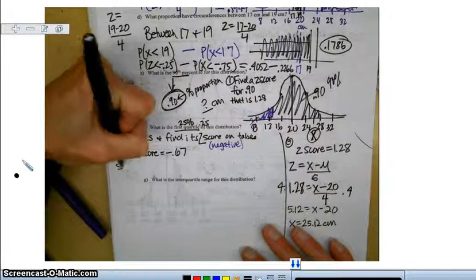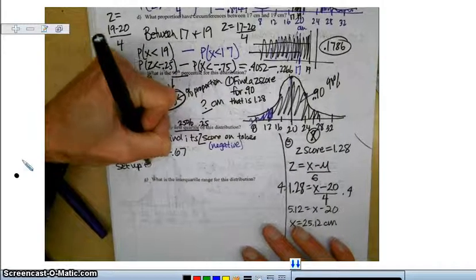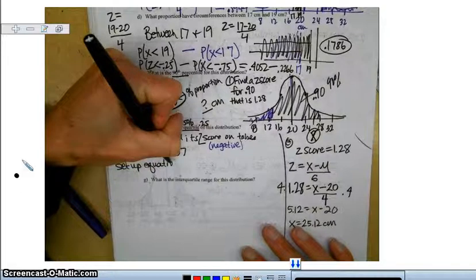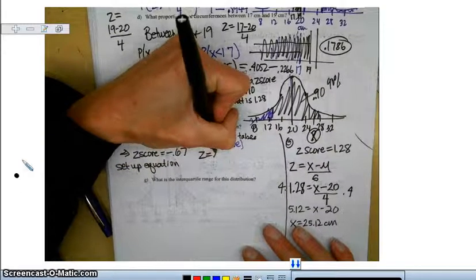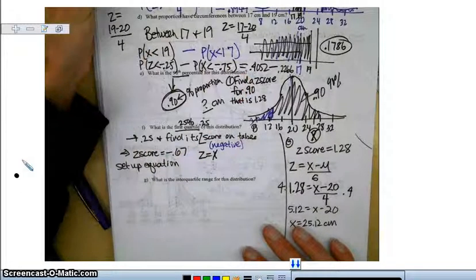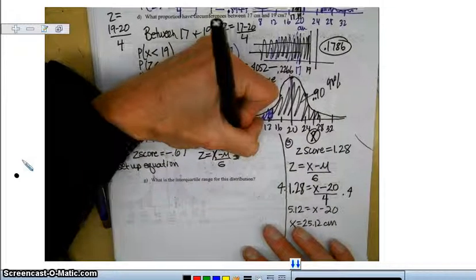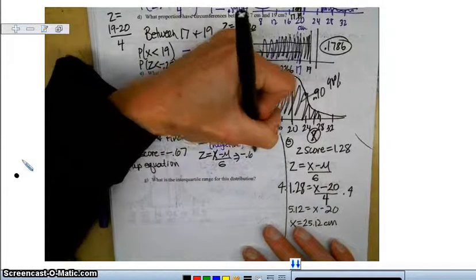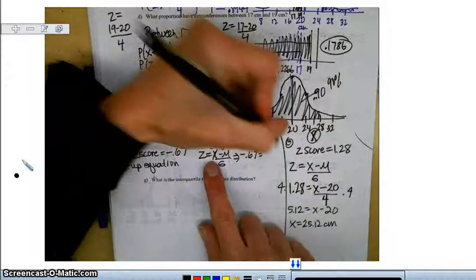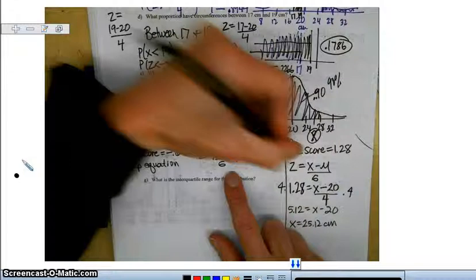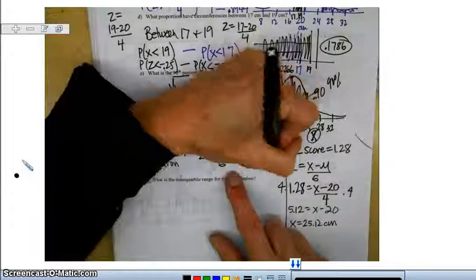Now I set up the equation with the z-score. z equals our x value, which is what we're looking for, minus the mean, divided by sigma. The z-score we had was negative 0.67. Our mean is 20 and our standard deviation is 4.